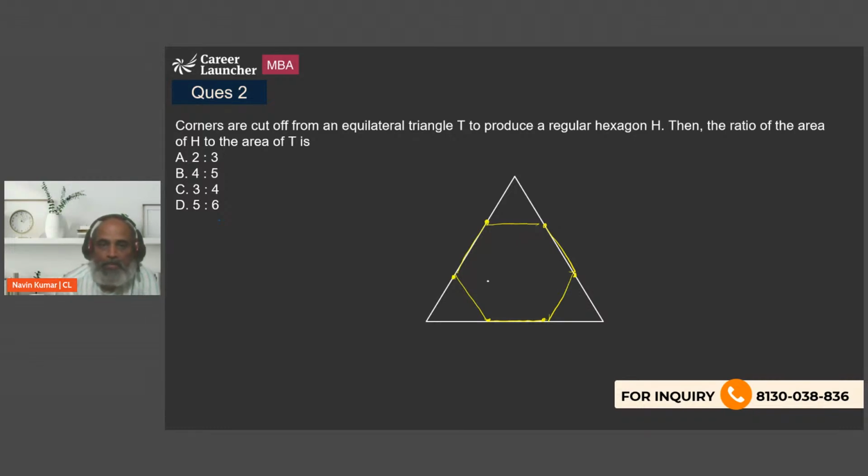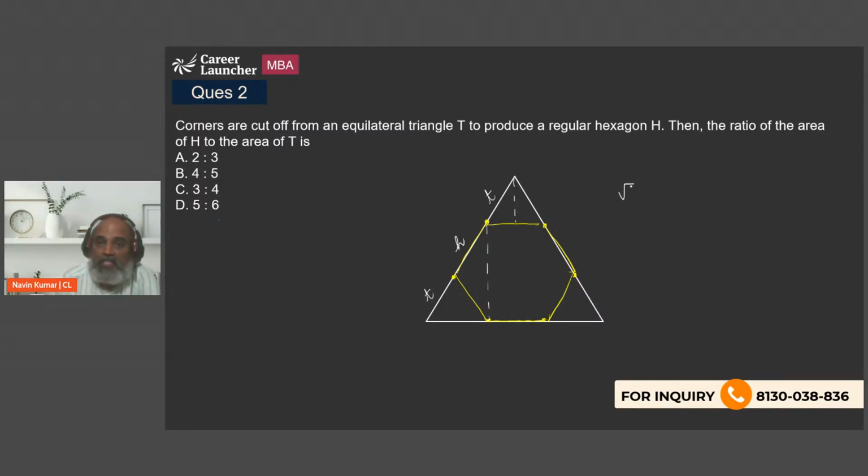So what we can do is take this side of the regular hexagon to be, let's say, h, and the leftover part of the triangle side to be t. Then this particular height plus this particular height will be the height of this entire equilateral triangle.